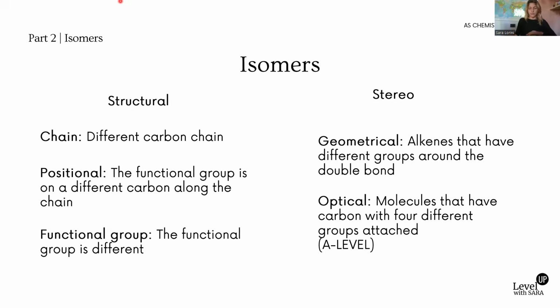Okay, so we will see this in the more complex exam questions. And then opticals: different carbons with 4 different groups attached, because we know the shape of carbon is tetrahedral. 4 different groups, it will be a specific type of isomer, okay? But we won't go into detail on that.